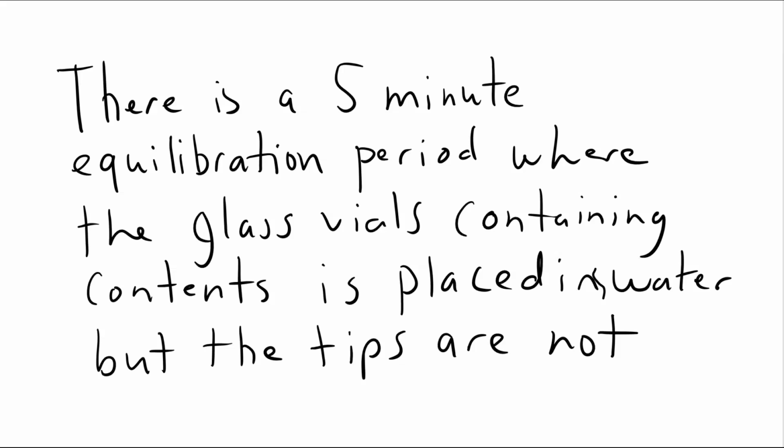The glass vial part where the organism and the control beads would be submerged in the water lets the organisms acclimate to that environment, that temperature, whereas the tips of the respirometer would not be in the water just yet. They'd be resting on the side, the edge, or on a piece of tape so that the experiment doesn't start yet. So you want them to adjust to that environment, and so there's a 5-minute adjustment period.